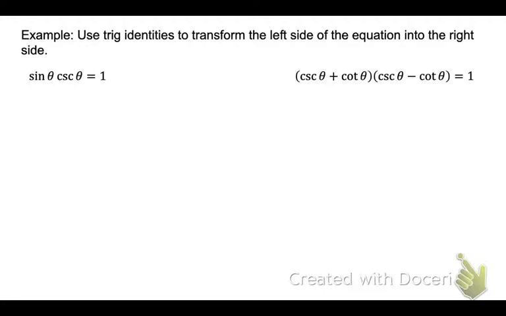So we need to use our trig identities. Well, sine is pretty much sine, isn't it? Unless it was squared, then we could be thinking about Pythagorean identities. Cosecant, the reciprocal is sine. So my next step would be sine times 1 over sine.